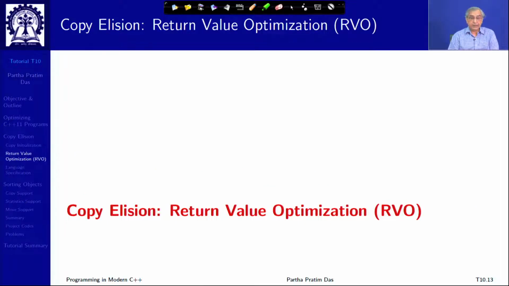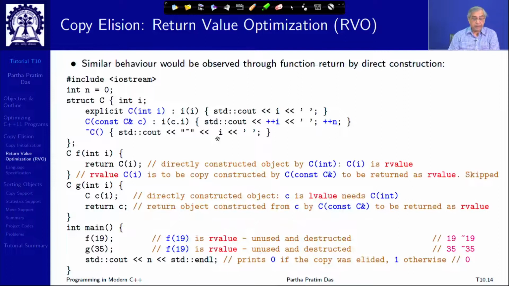Let us take another example of copy elision, which is return value optimization. We have the same class. I define 2 functions f and g. F constructs an object by parametric constructor and directly returns it by value, and here g constructs into a local object, and then returns that by value.